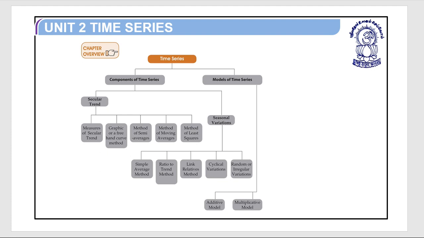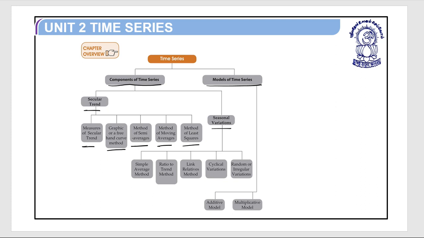Now, time series is divided into components of time series and models of time series. Components of time series: secular trend, seasonal variation. Secular trend measures: graphic or free hand curve method, method of semi averages, method of moving averages, method of least squares.